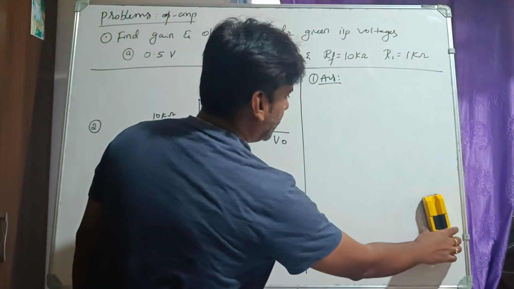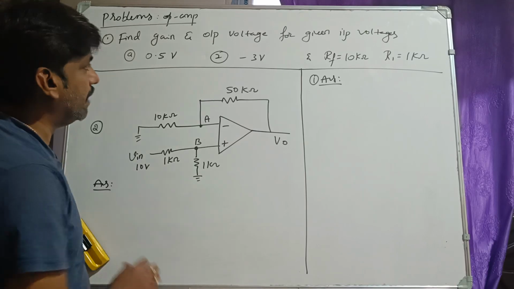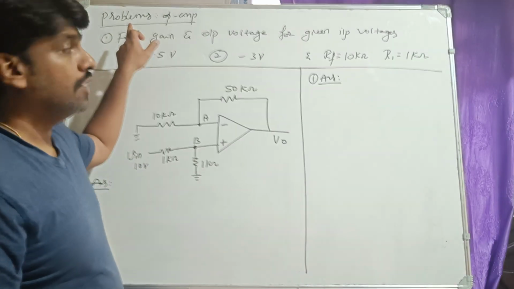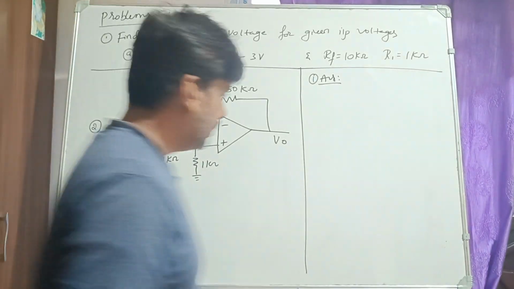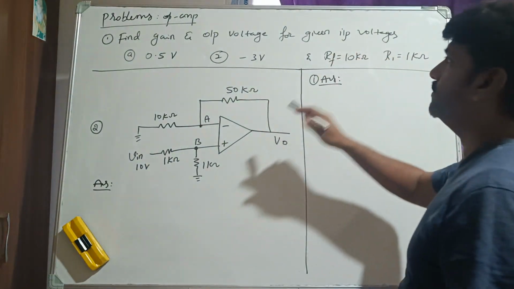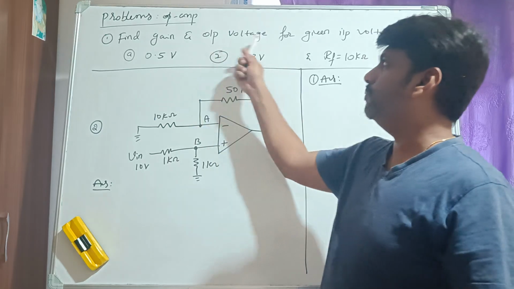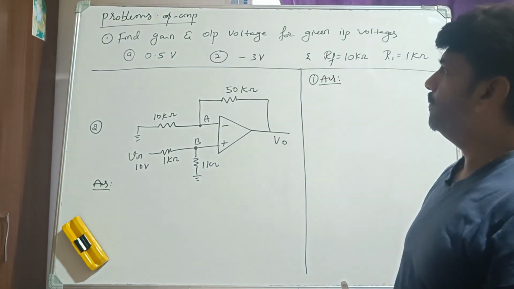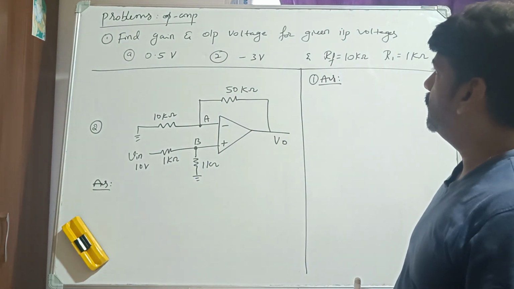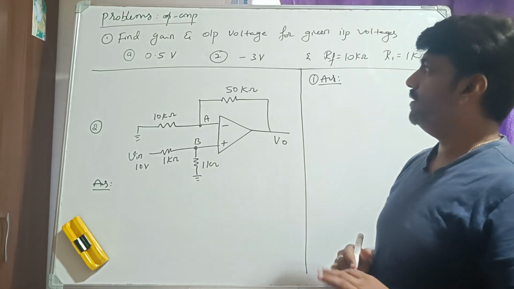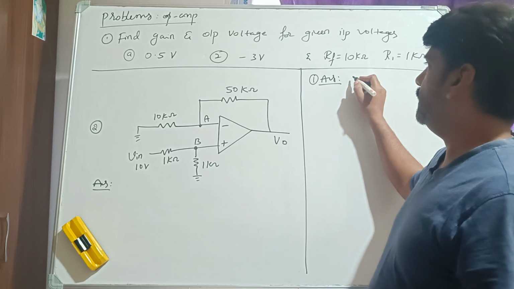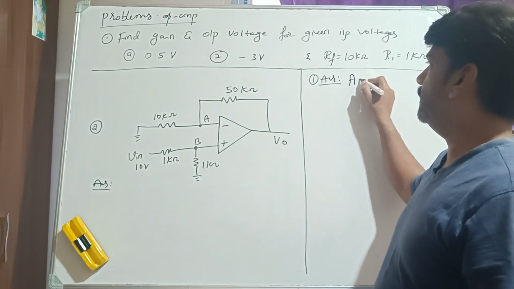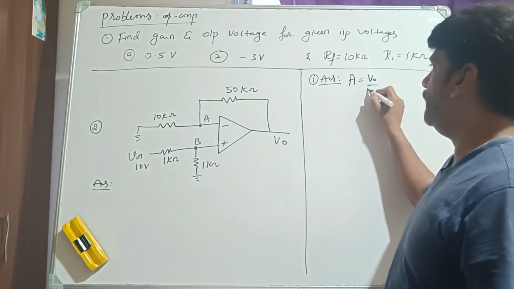So in this video, we are going to see the problems on the op-amp. The first problem is: find the gain and output voltage for the given input voltages, right? So they have given you the input voltages, so you should find the gain and output voltage. From this example, we can understand that gain is nothing but output by input.